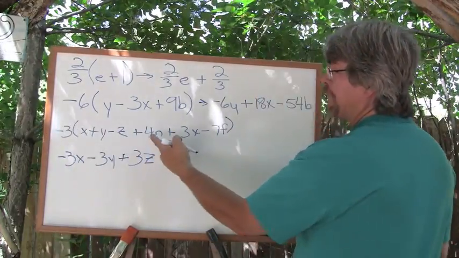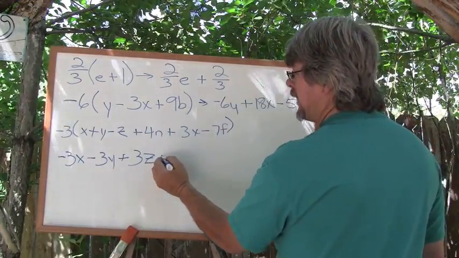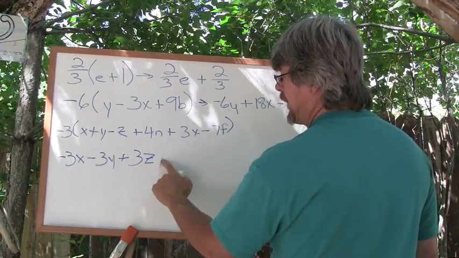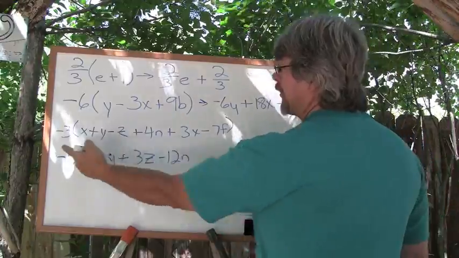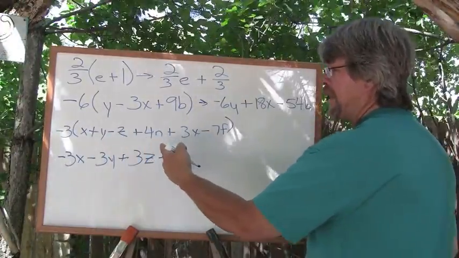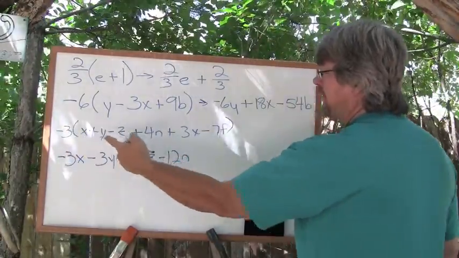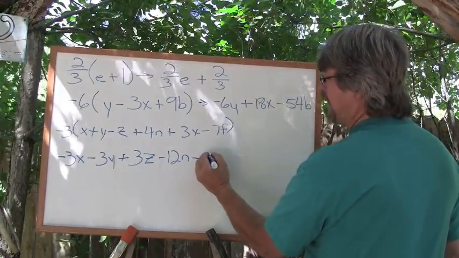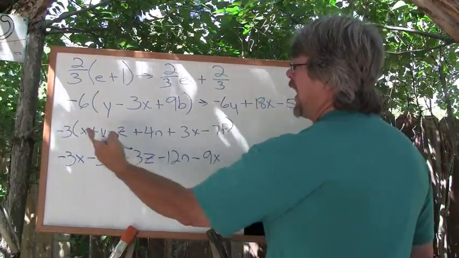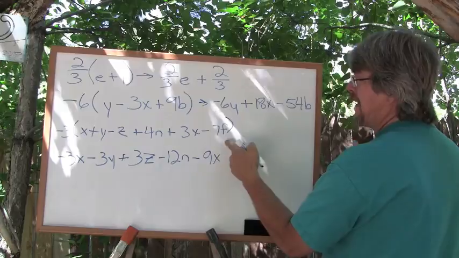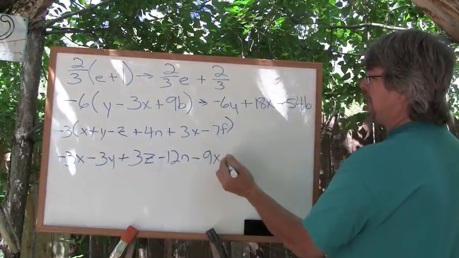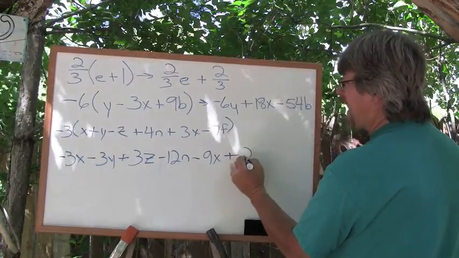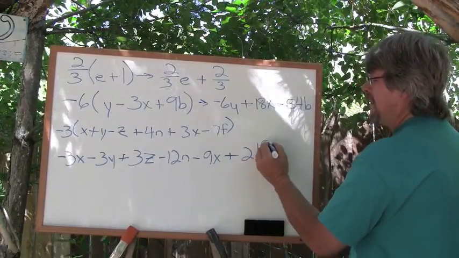Negative 3 times positive 4n is going to be a negative 12n. Negative 3 times 4 is negative 12. A negative 3 times a negative 3x is a negative 9x, and a negative 3 times a negative 7f, a negative times a negative, is going to be a positive 21f.